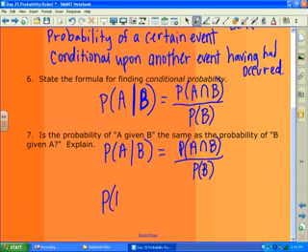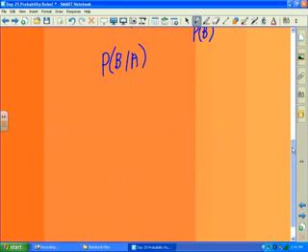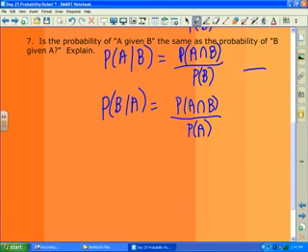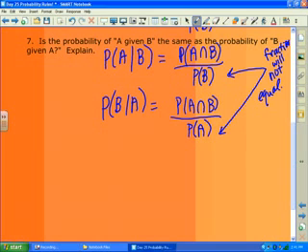Probability of B given A is the probability that you're in high school given that you like SpongeBob. That would be all the same people on top, but on the bottom, instead of being out of high school, what's it out of? The SpongeBob people. So because these numbers are different, these fractions are not going to be the same.